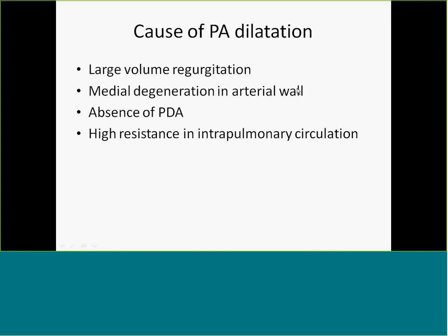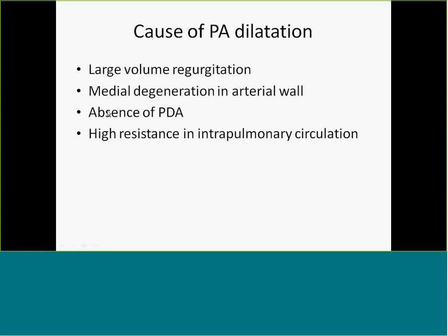Now, one of the most important things is the absence of the PDA. Normally the ductus arteriosus helps to decompress the pulmonary artery into the descending aorta in the fetus. If the ductus is absent, you have an absent pulmonary valve, and the blood flows from the RV to the PA and back into the RV. This blood flow movement without decompression through the ductus causes dilatation of the main pulmonary artery.